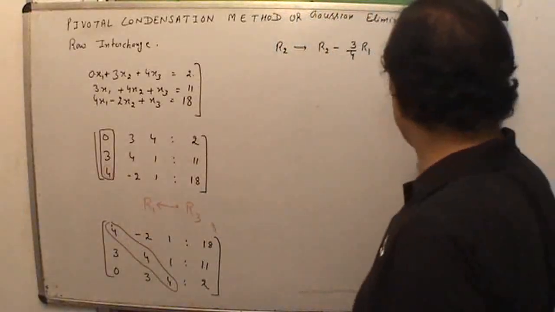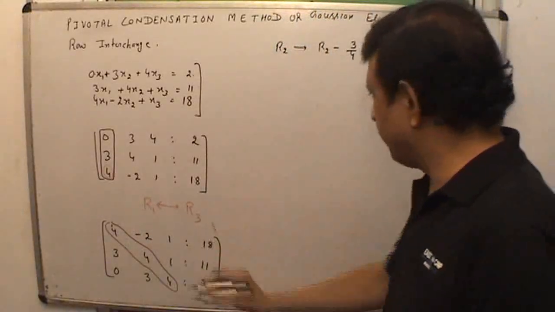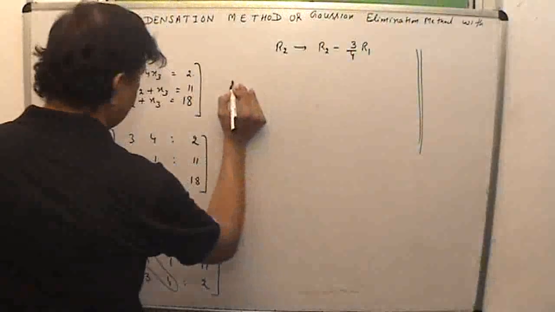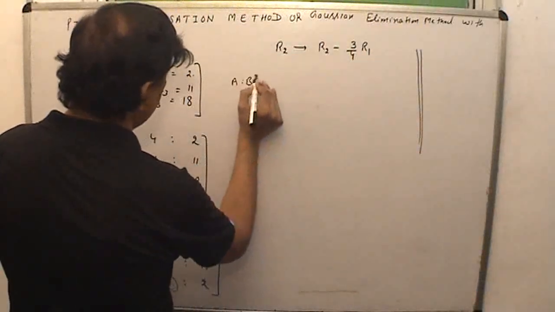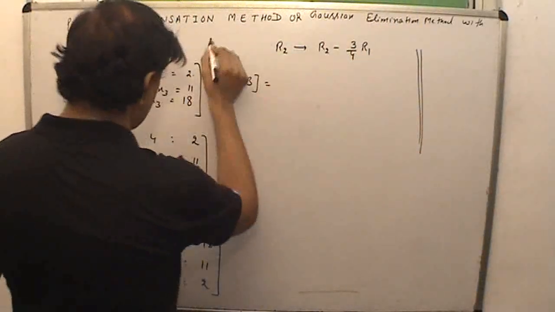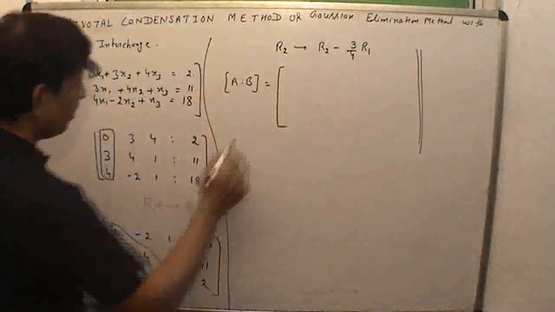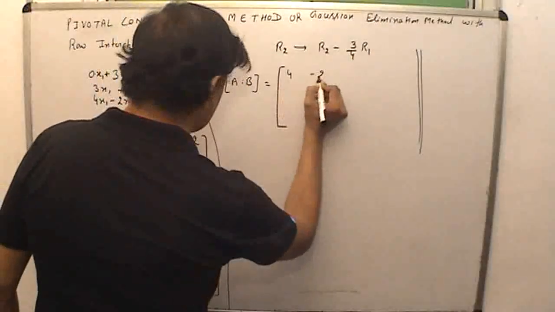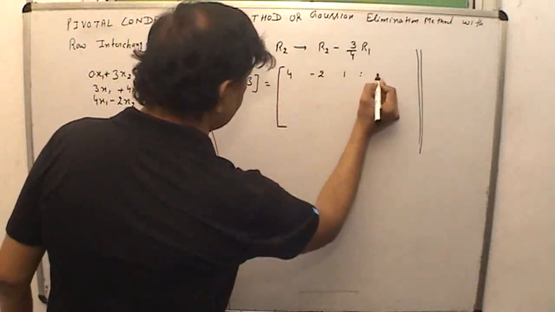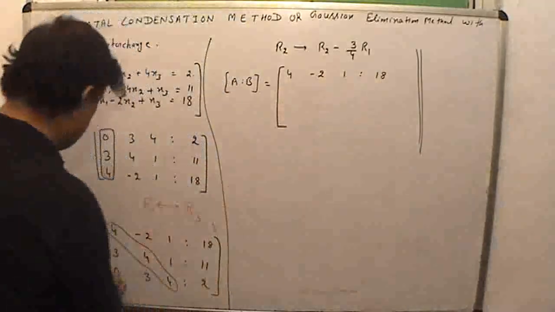Let us see on the rough side what we have done. If we write this matrix as A augmented B, it is 4, minus 2, 1, 18.